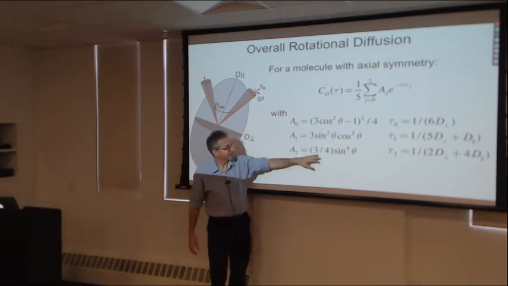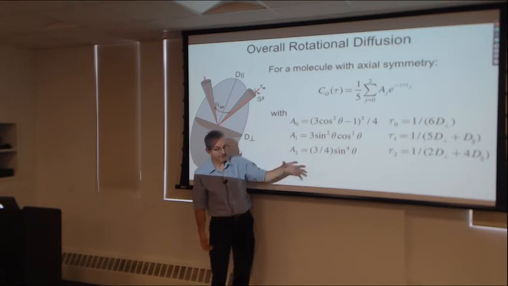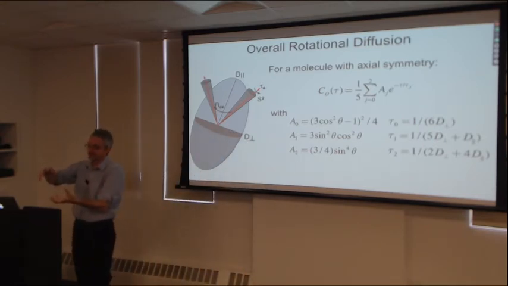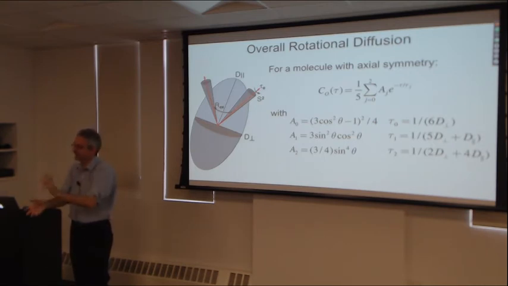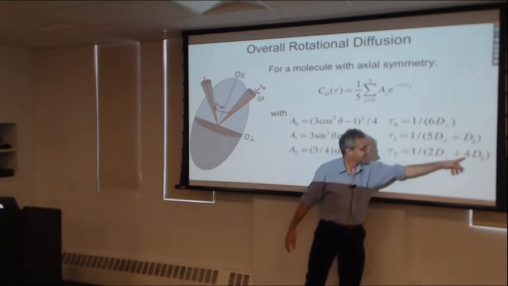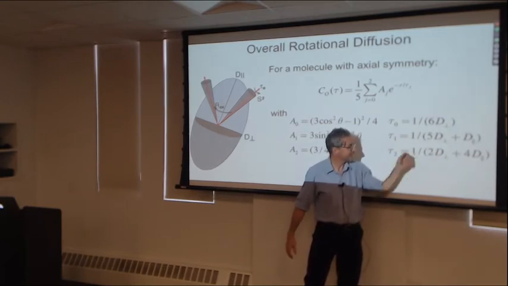So while this looks like it would have a large number of parameters, we have the Euler angles orienting the diffusion tensor principal axis system in the lab frame. That's kind of the molecular compass. And then we have the different diffusion tensor components, the principal values of the diffusion tensor.